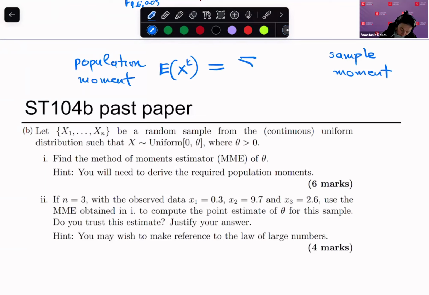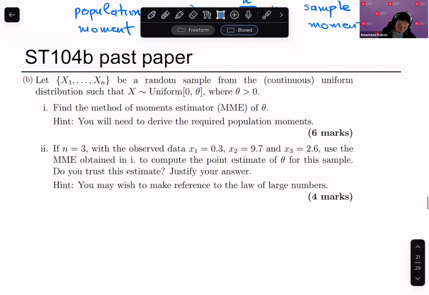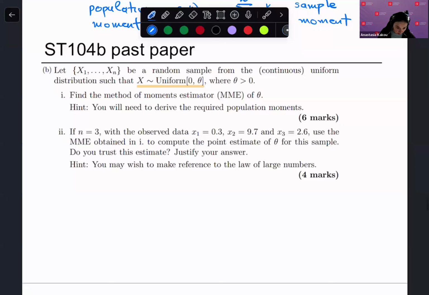And the sample moment is the sum across all the sample values of xi to the k. This is the basic idea of the method of moments, and you create as many equations as the number of parameters you need to estimate. So in here, you're given a uniform distribution 0 to theta, one unknown parameter. Use the method of moments to estimate theta.